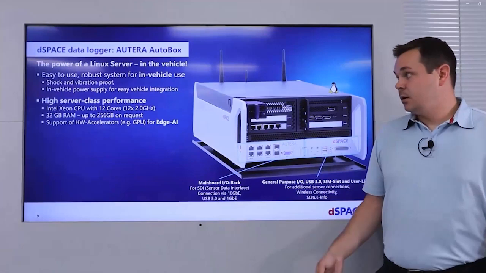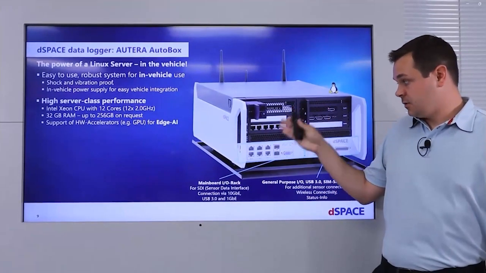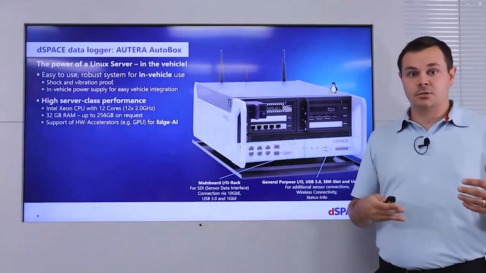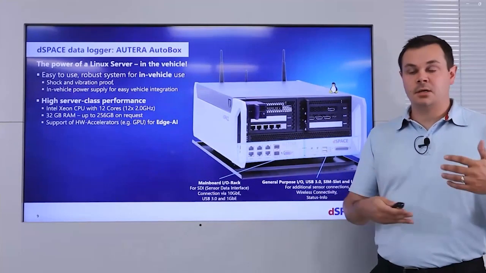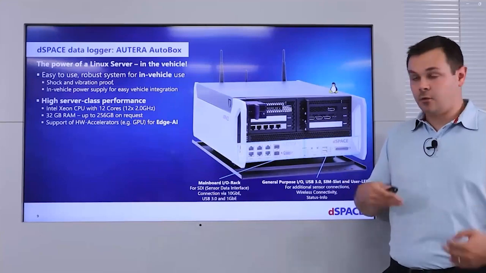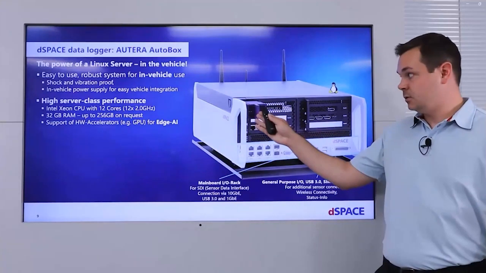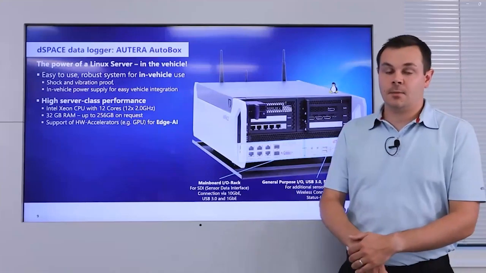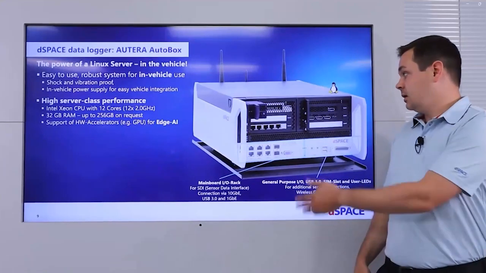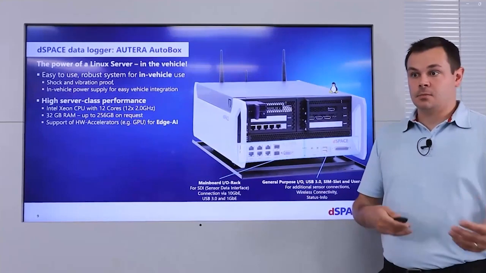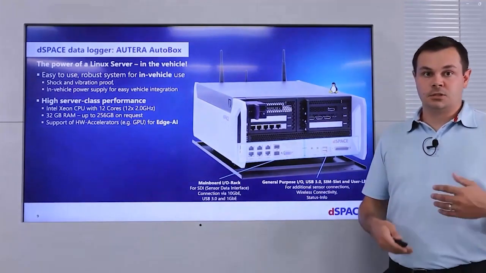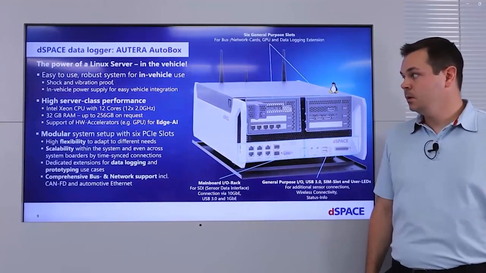Speaking of computation, it's going to be this server motherboard, this 12-core Intel Xeon, that's going to allow us to do all of this tapping and logging with the performance required to actually get all the data to the SSD. We can have up to 256 gigabytes of RAM, and we can add a GPU for doing some sort of more intelligent data logging using some neural networks.